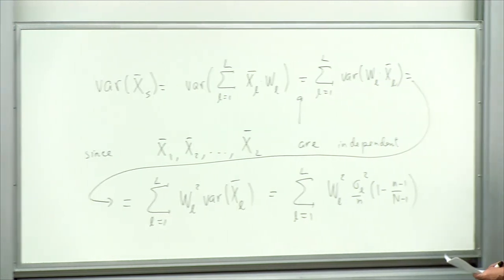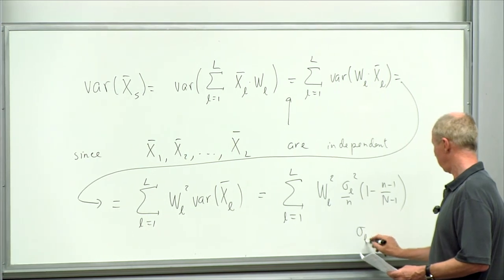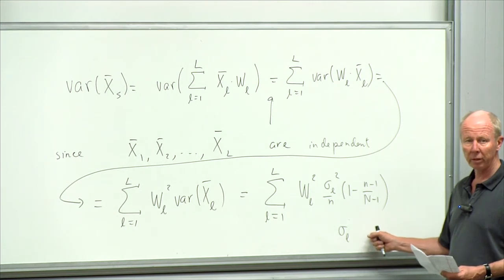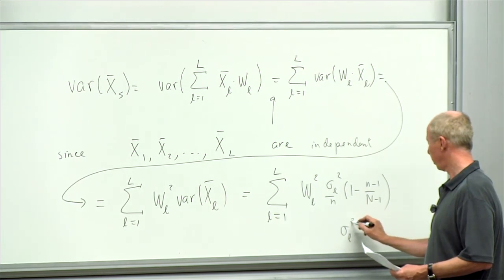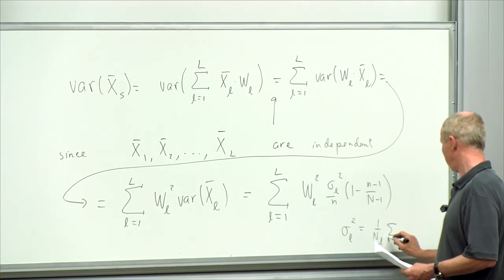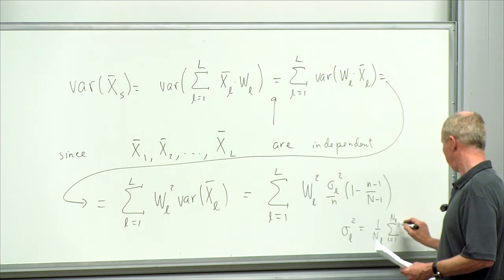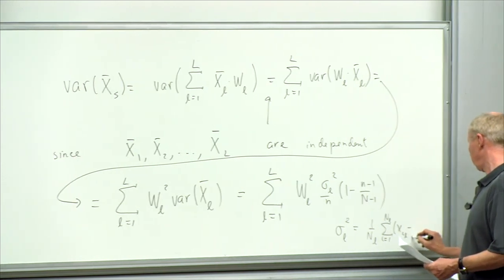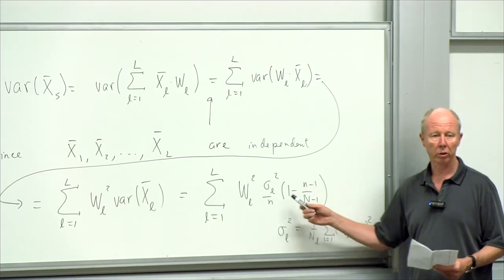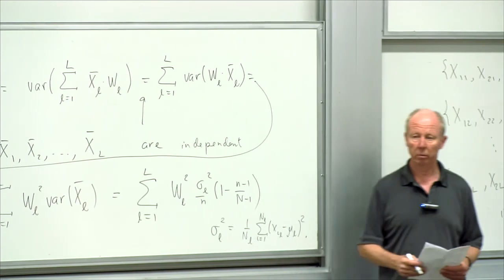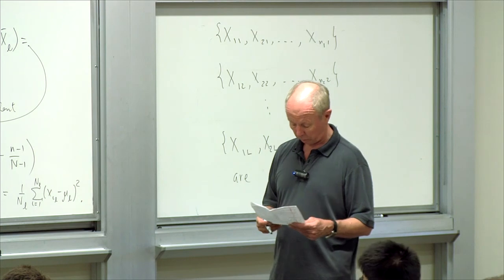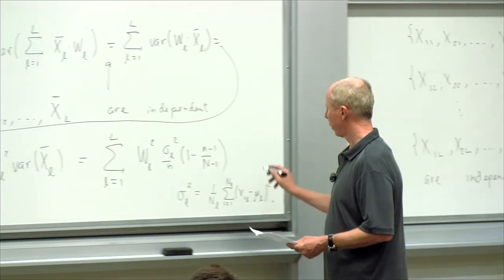It's that, where sigma L squared, I think I wrote it down, didn't I? I erased it. This would be the variance of the Lth subpopulation. Okay, this is just the finite population correction that we talked about before. Okay, so that's the variance of our estimate.